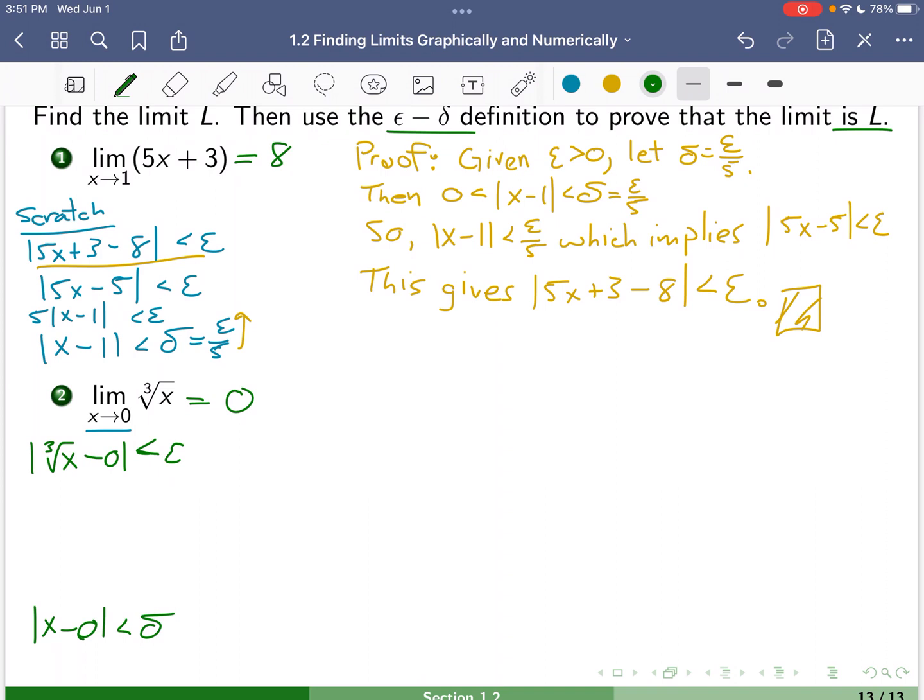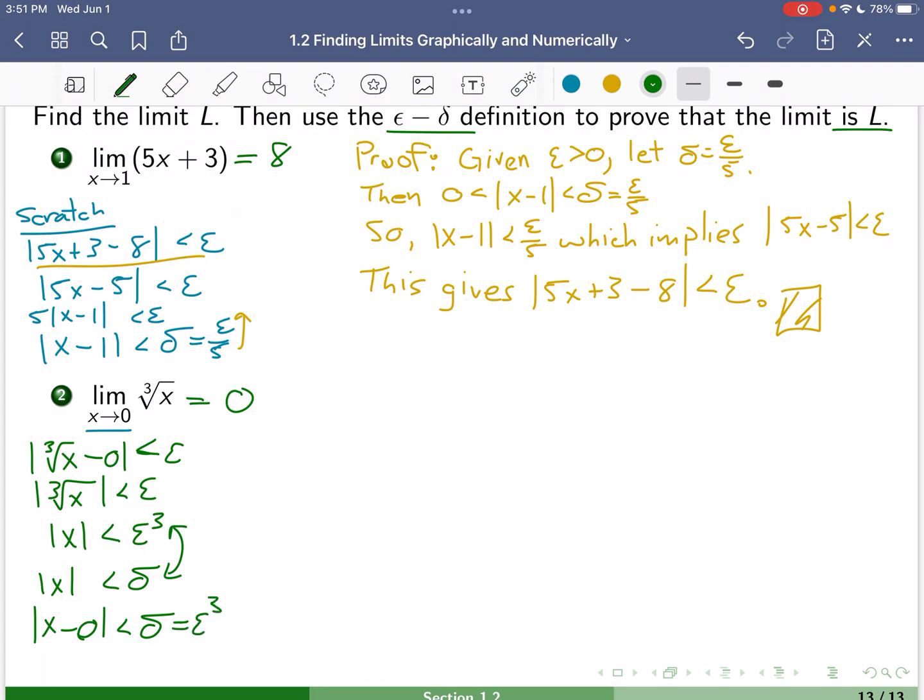So x minus 0, we could just call that the absolute value of x itself. So we have the cube root of x less than epsilon. Cube both sides. So the absolute value of x is less than epsilon cubed. And so our value of delta is going to be epsilon cubed.